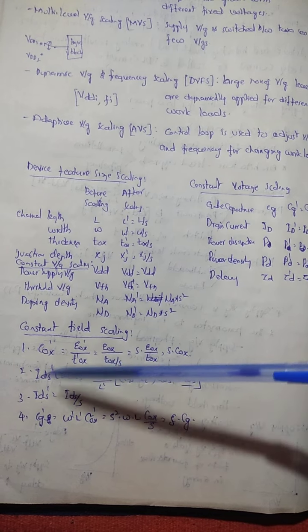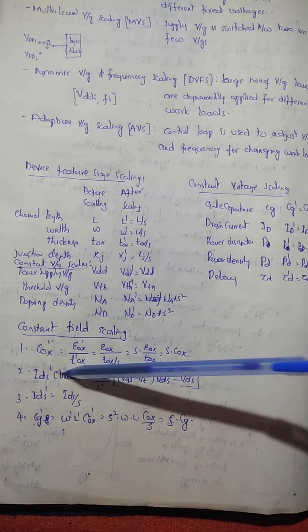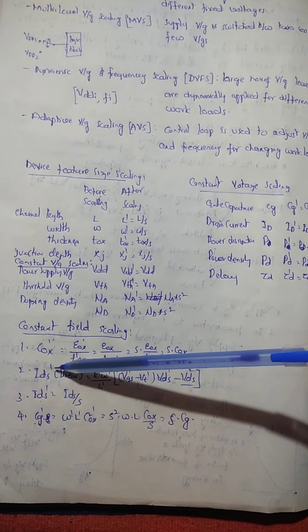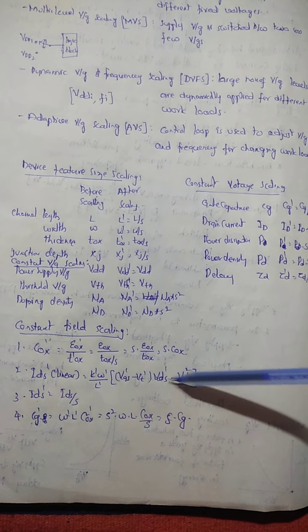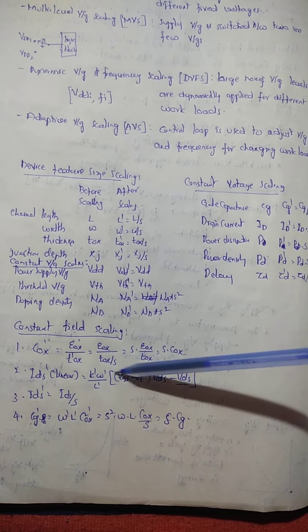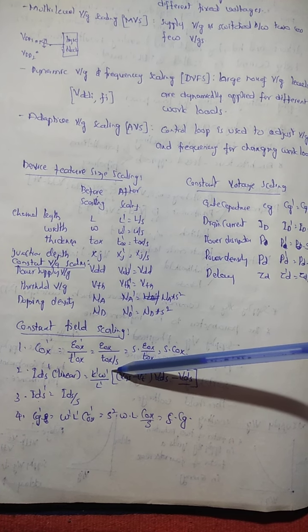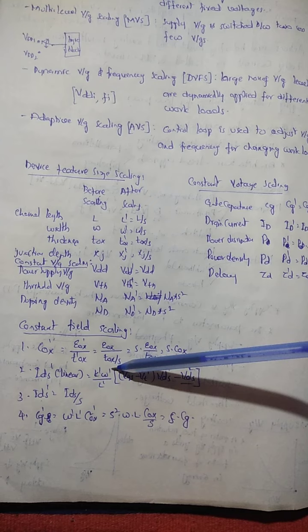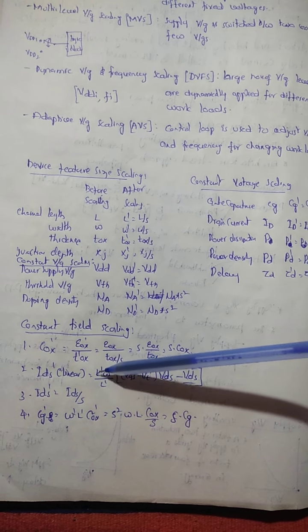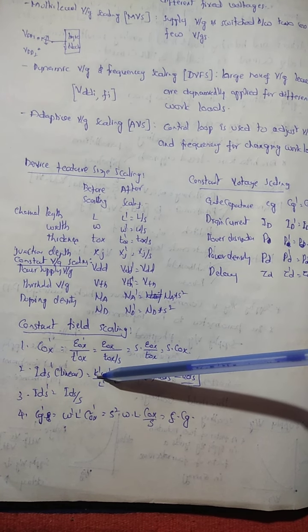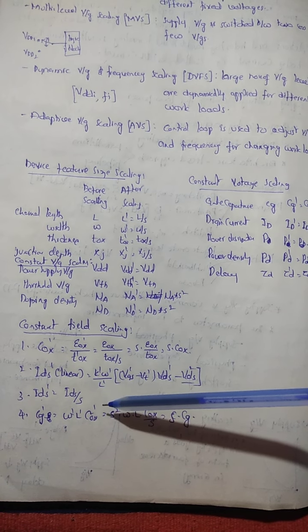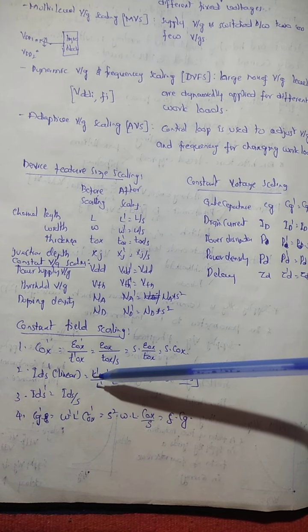In the same lines, consider the linear drain to source current, for which this is the expression. In that case all the values, including K, change. Width is reduced, L is reduced, and K is EOX divided by TOX.